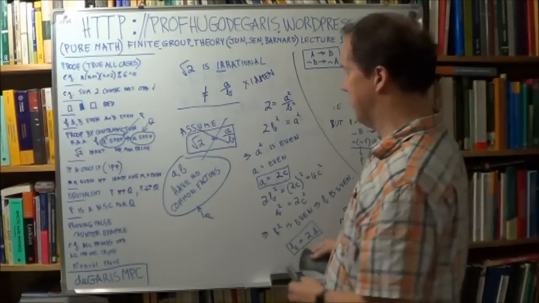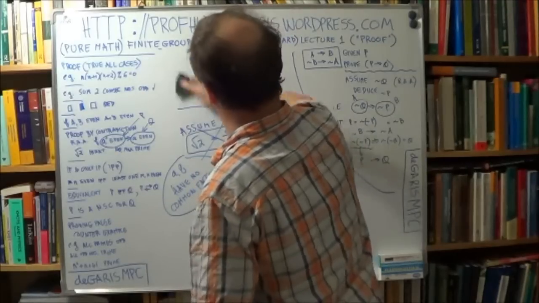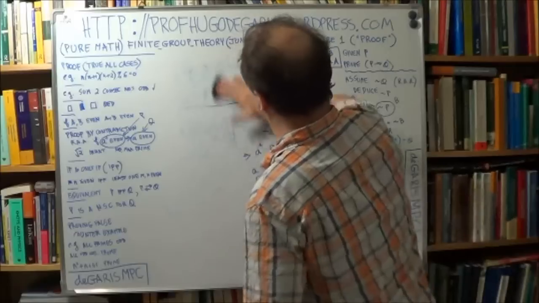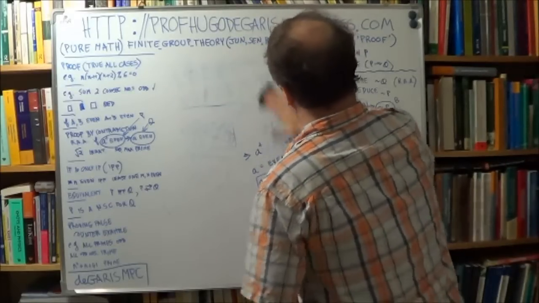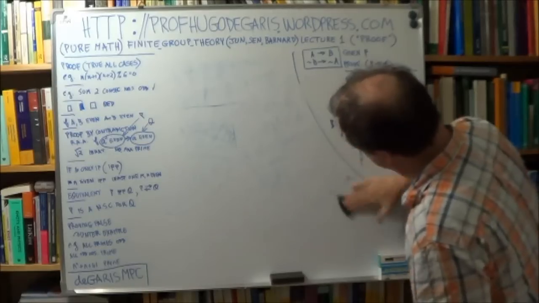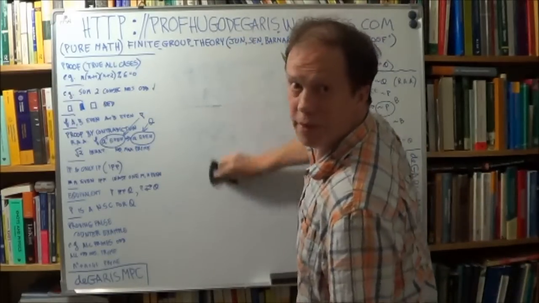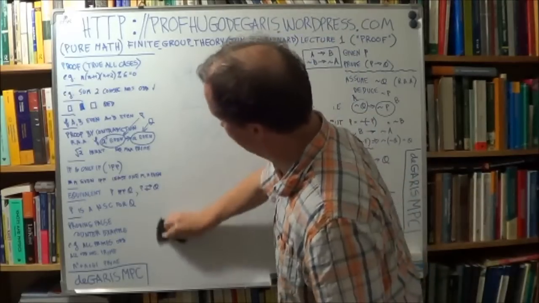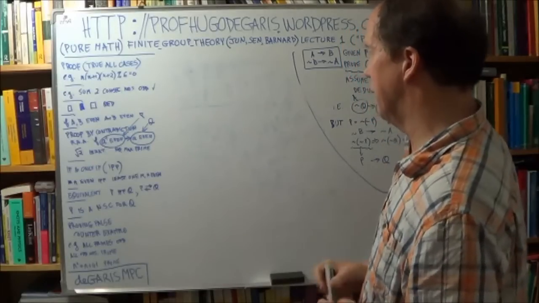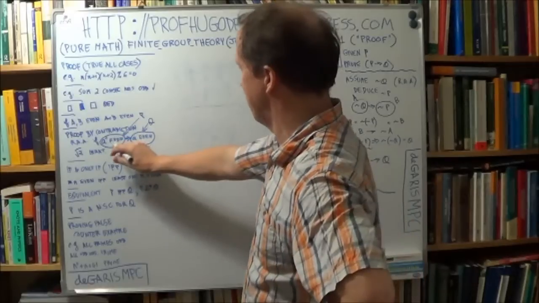Okay, so let's do a few more examples of proof by contradiction. RAA, reductio ad absurdum. Let's try this one.